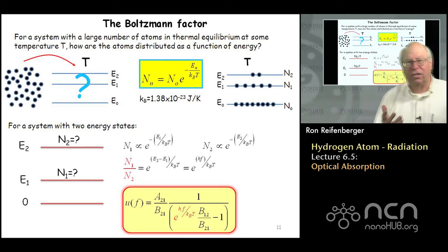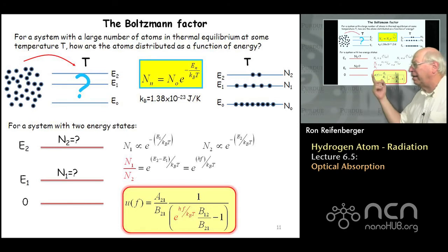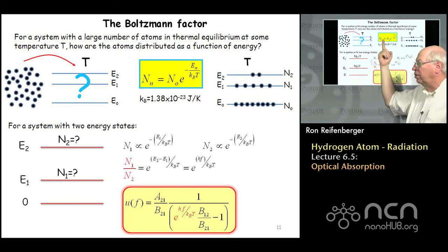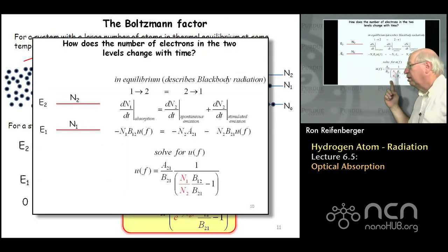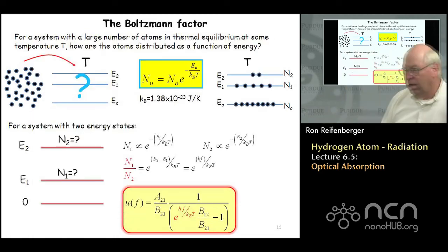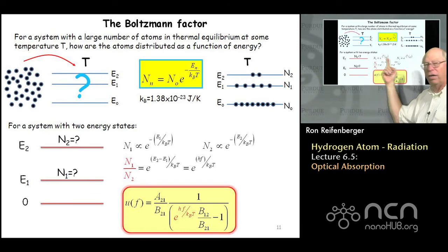So for a two-state system, that's what we're worried about now, we can ask the question, how many atoms are there in N1? How many atoms are there in N2? We can use this result, since we're only interested in the ratio of N1 over N2, right? We're not interested in equations here.